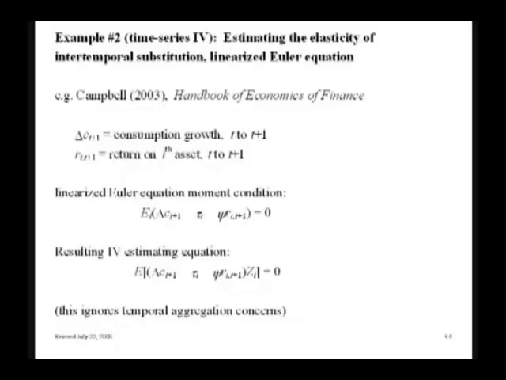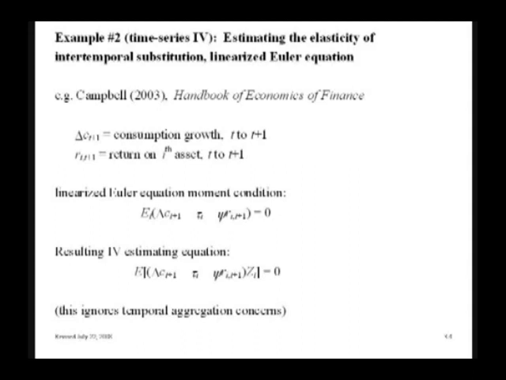Okay, so here's a second example, a little closer to home, which is looking at regressions that are attempting to elicit the intertemporal elasticity of substitution. Basically, if you work with the Euler equation and you linearize it, this is very standard stuff out of Campbell's 2003 Handbook of Economics and Finance.